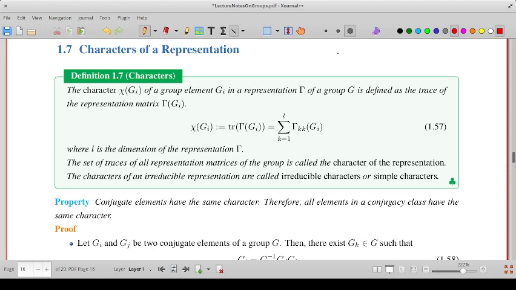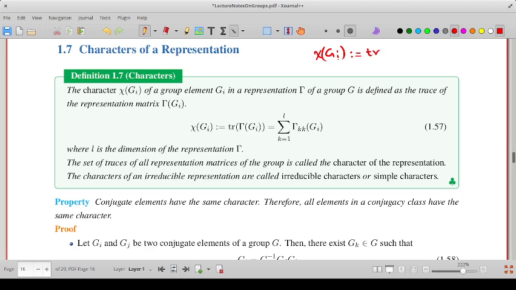Then the character of a group element Gi, which we denote as chi of Gi, in a representation gamma, is defined as the trace of the corresponding representation matrix.